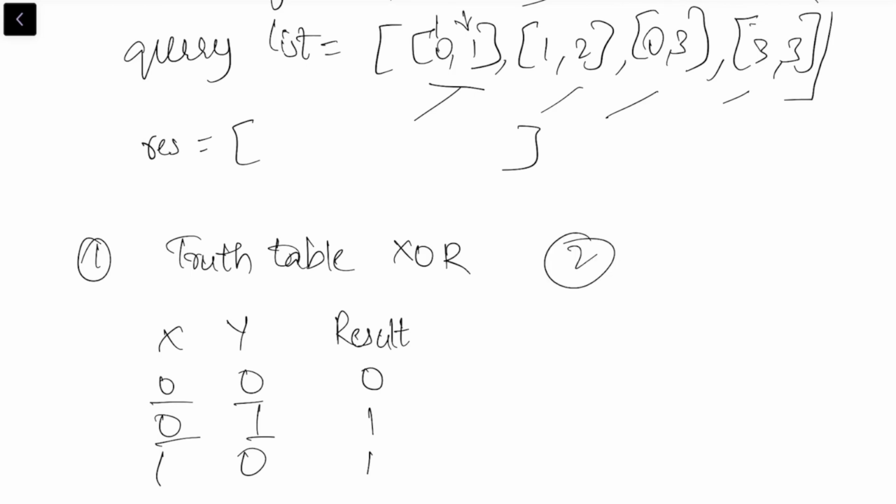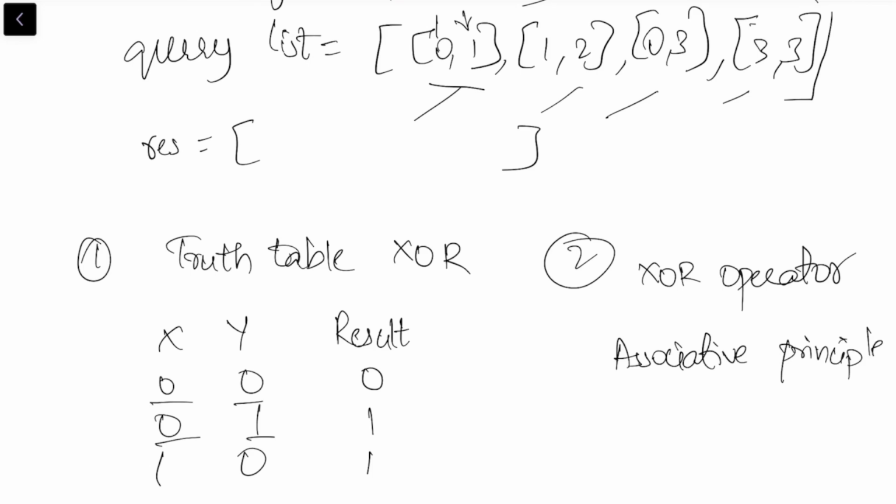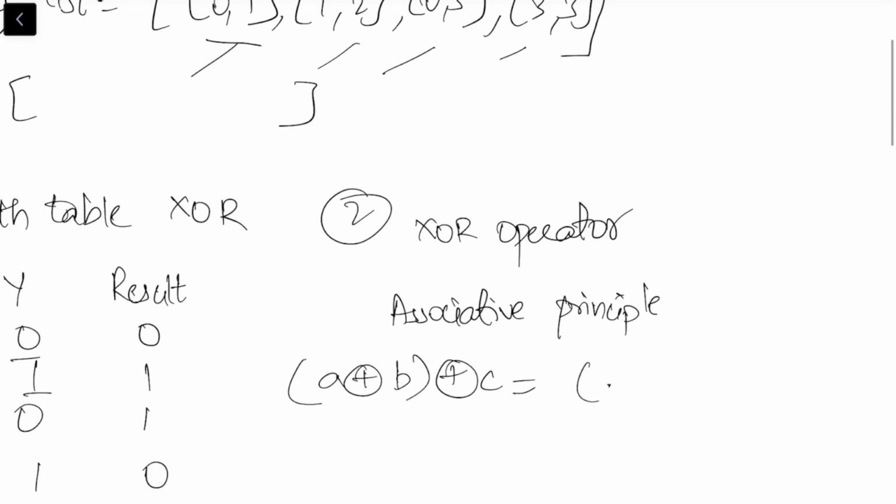The second thing is that the XOR operator follows the associative principle, which means A XOR B XOR C is equal to B XOR C XOR A. The order doesn't matter.